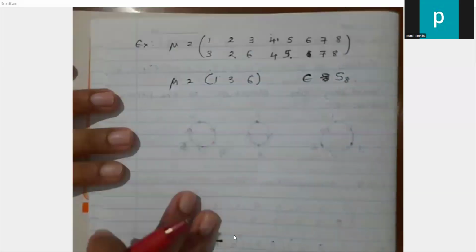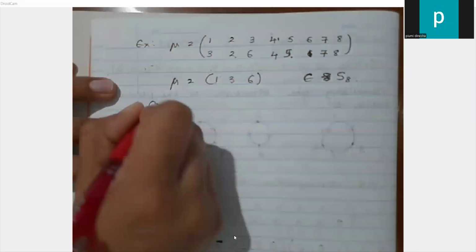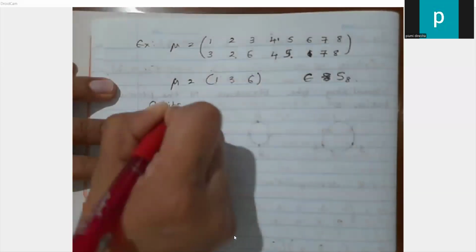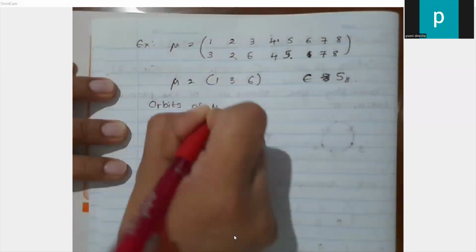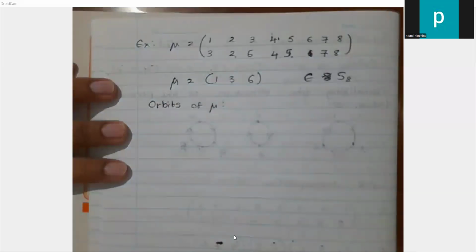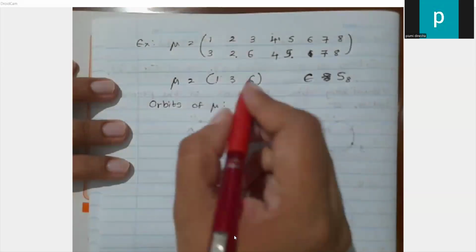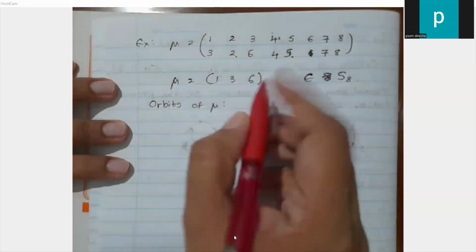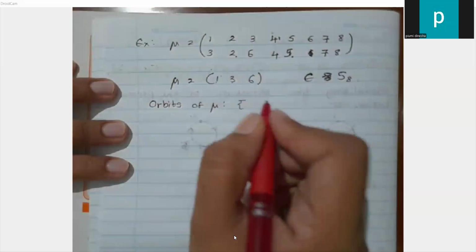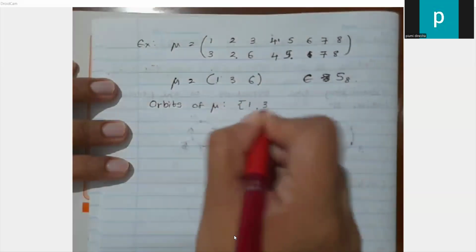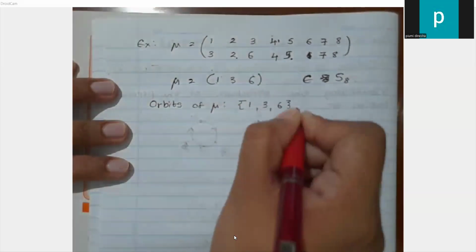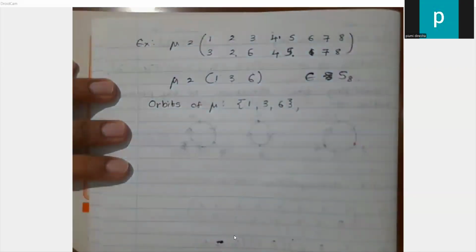Okay, so what are the orbits of mu in this case? We definitely have elements appearing in this cycle to be in one orbit. So 1, 3, 6 will be in one orbit. Any other orbits?